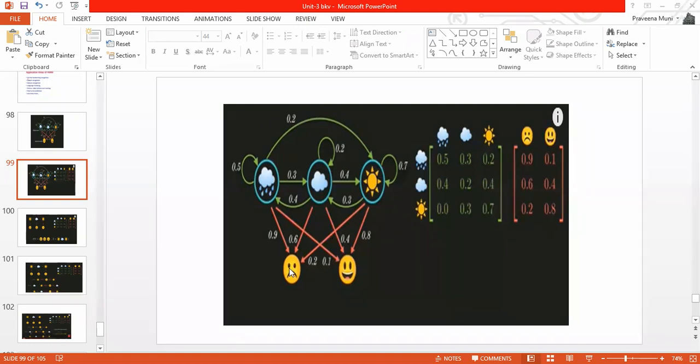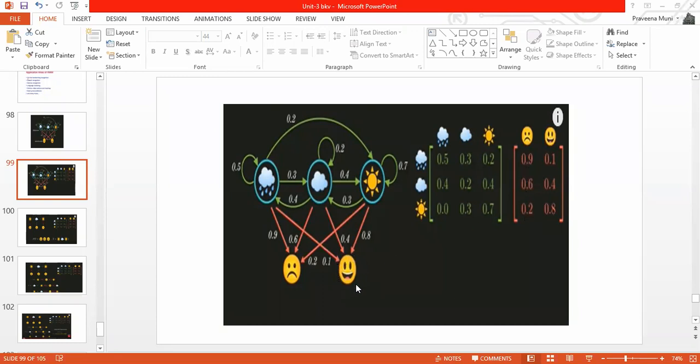And this is for whether the person is sad, based on the weather conditions. What weather conditions do you see here? Rainy, foggy, sunny. When the person will be sad, for these weather conditions the probabilities are 0.9, 0.6, 0.2.